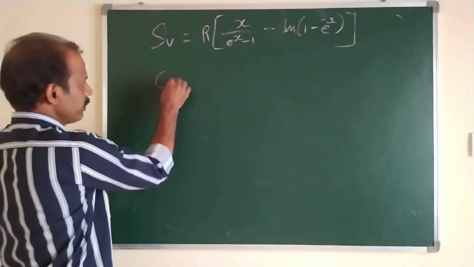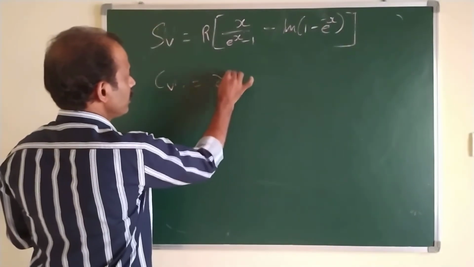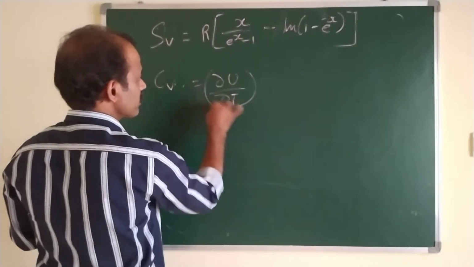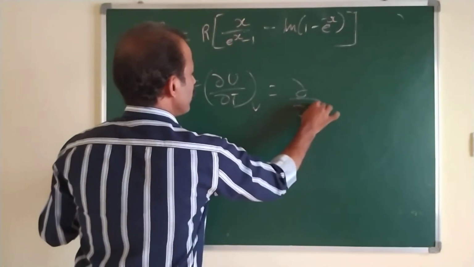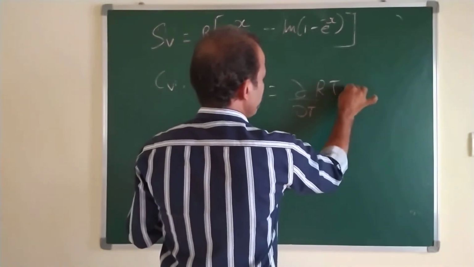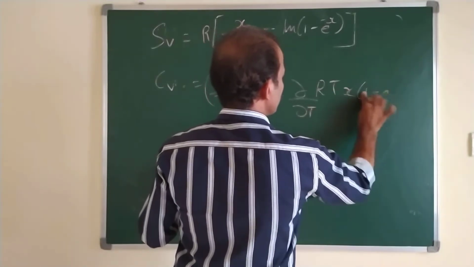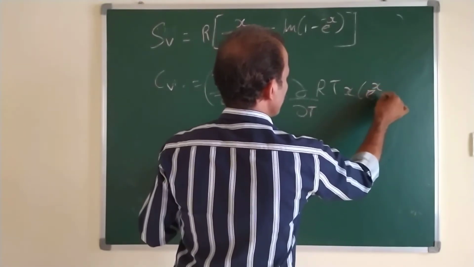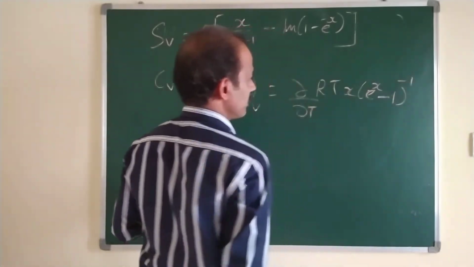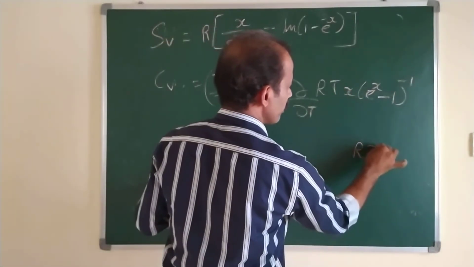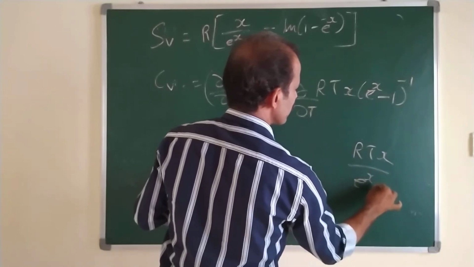Then CV is equal to dou U by dou T at constant volume, which is equal to dou by dou T of RTx by e raised to x minus 1, since U is equal to RTx by e raised to x minus 1.